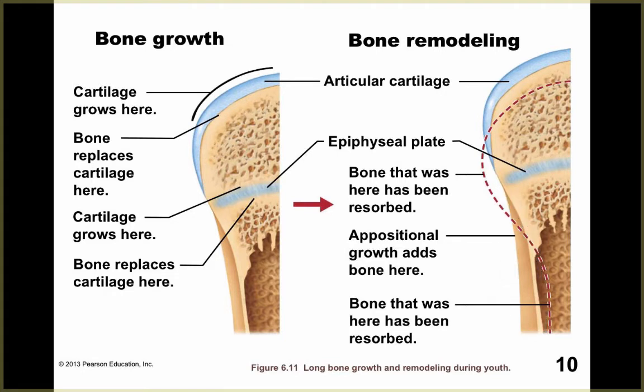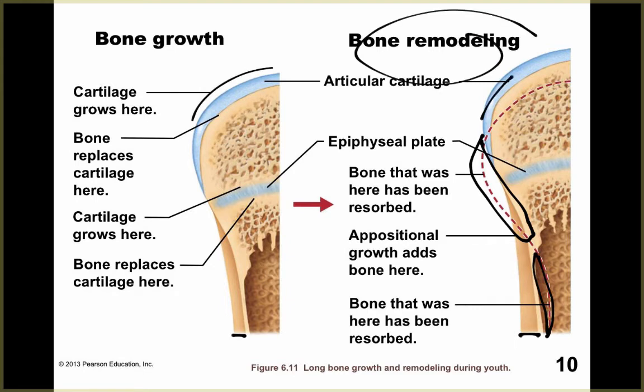So you can see that this has gotten a little bit wider, of course, because you've added bone, but they've had to remove some of that so it doesn't get too thick and heavy. And then to make sure that our area is right for our articulation here, it's going to remodel a little bit on the outside. So bone remodeling is basically appositional growth. Bone growth here is longitudinal growth.